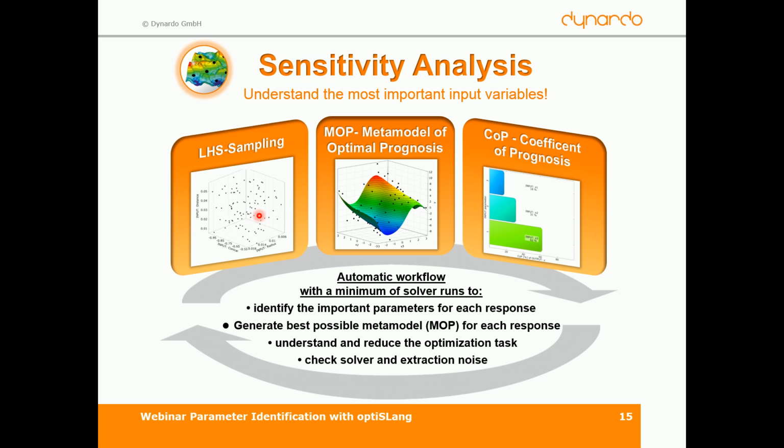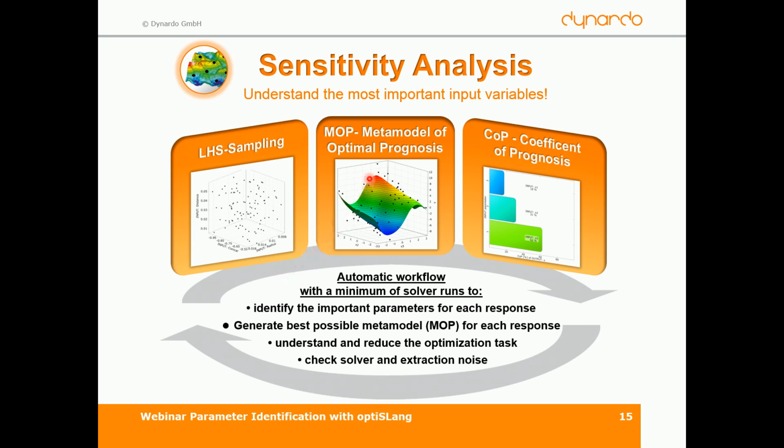simulation environment. And then we do some statistical analysis of input and output relations, and so we can scan the design space and calculate all the input and output relations. And after this, the MOP, this meta model of optimal prognosis, is automatically generated. The question is what the MOP does.